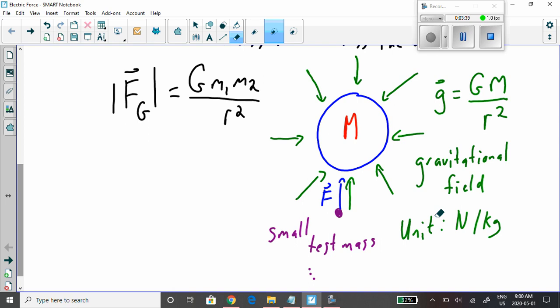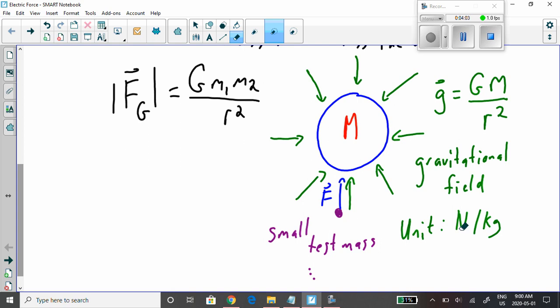And I want to remind you, this is very important, that the unit for the gravitational field is newtons per kilogram. So it's basically telling you, hey, this gravitational field applies a certain number of newtons worth of force for every kilogram that is present in the small test mass.